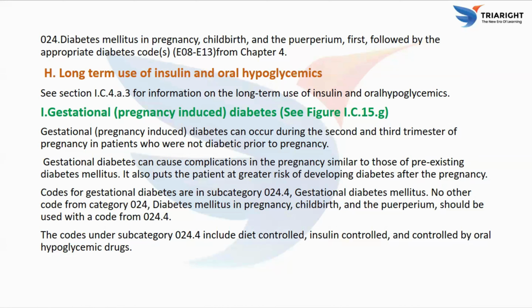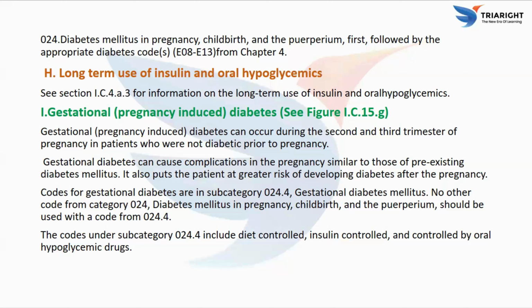The woman uses insulin during the pregnancy. And there is O24.419, which is controlled by oral hypoglycemic drugs. The woman uses tablets like metformin. These codes help describe how the diabetes is being managed, which is clinically important.